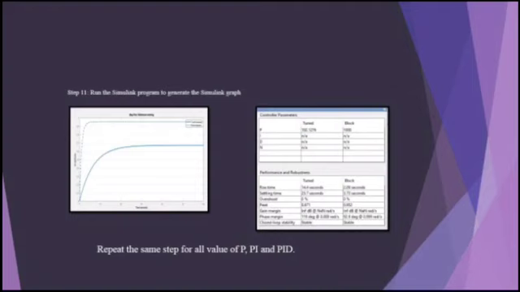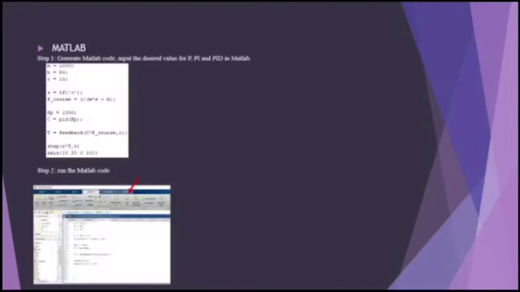As in the table, we will gain the values for the controller parameters and also performance and robustness. All the steps 1 until 11 are repeated for all values of P, PI and also PID. The second software is MATLAB.